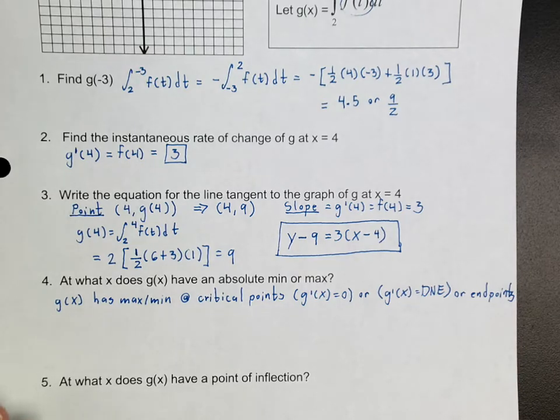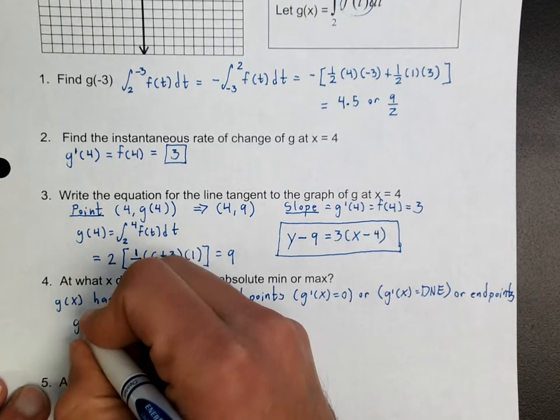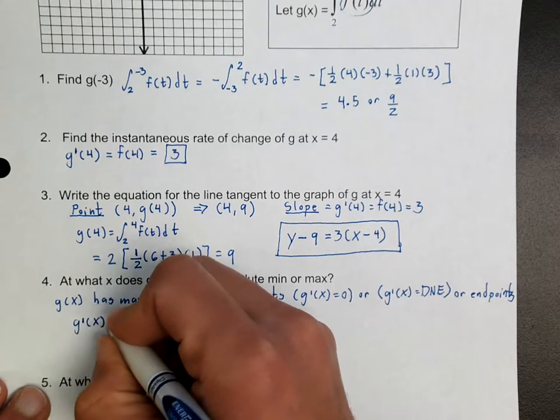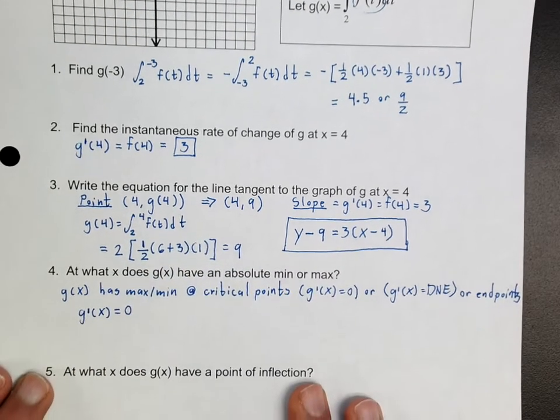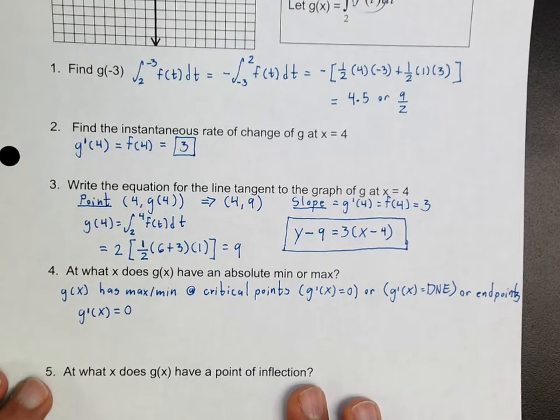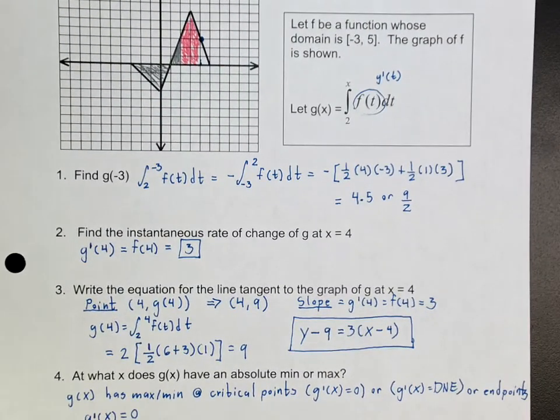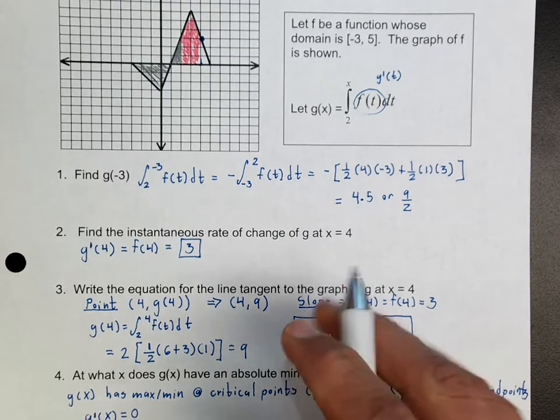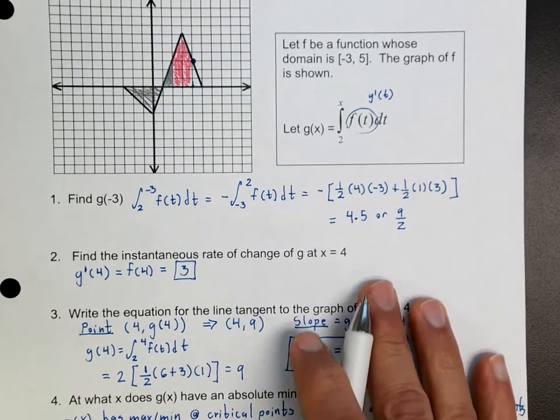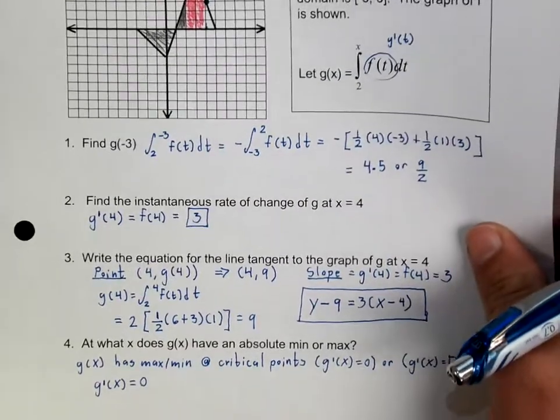Okay, so on this one right here, we're going to try to find the critical points. So we're trying to figure out if the derivative of g at x is equal to 0. Okay, so here's where it's weird. Now I know that I told you many times that we're basically looking at f of t.